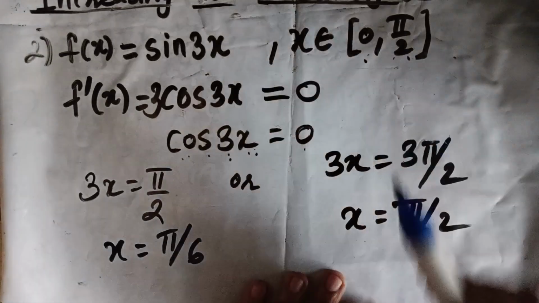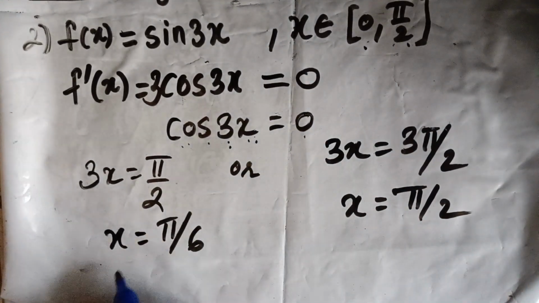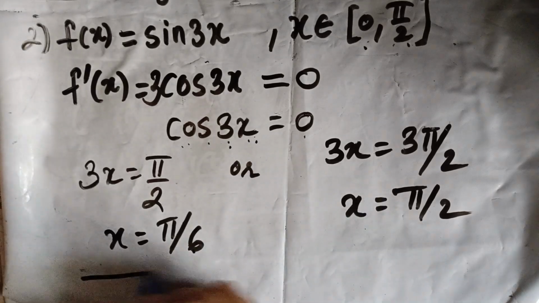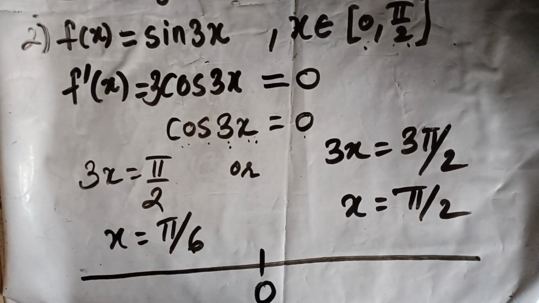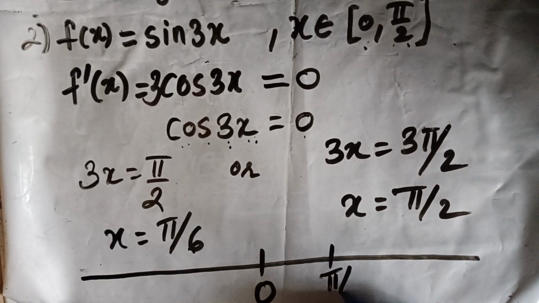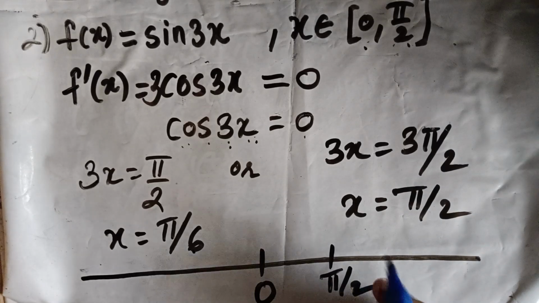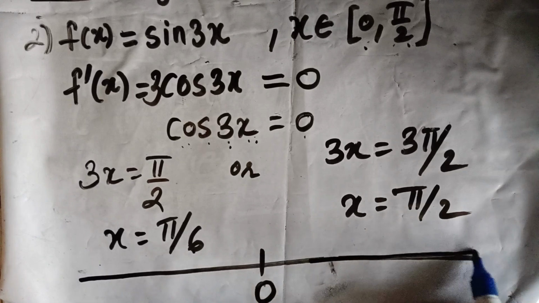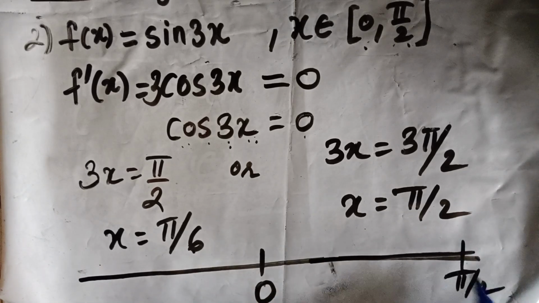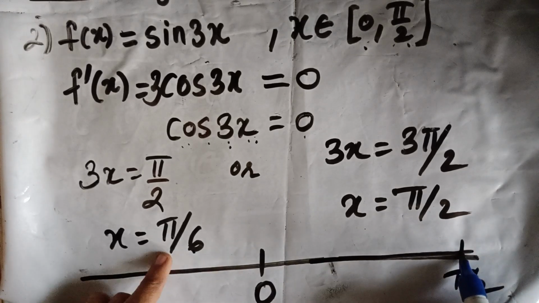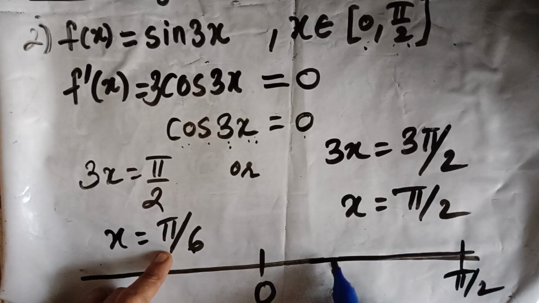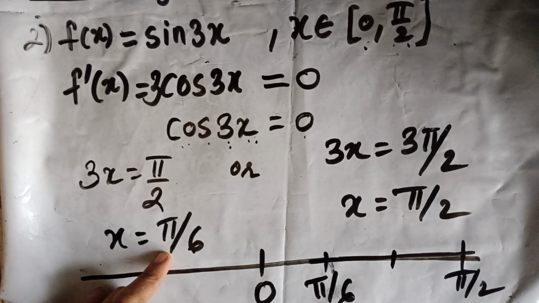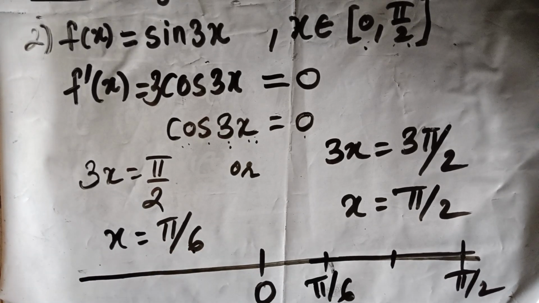Now the interval is given. On that interval, we have to plot this. This is 0, and this is 90 degree, and this is our 30 degree. So 30 is there, 60 is there. So it is between 0 to pi by 2, with pi by 6 in it.